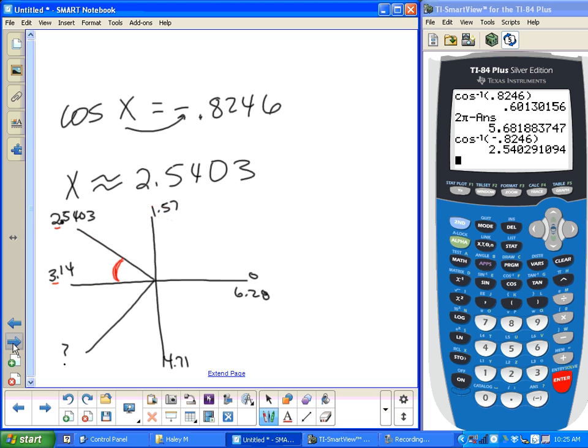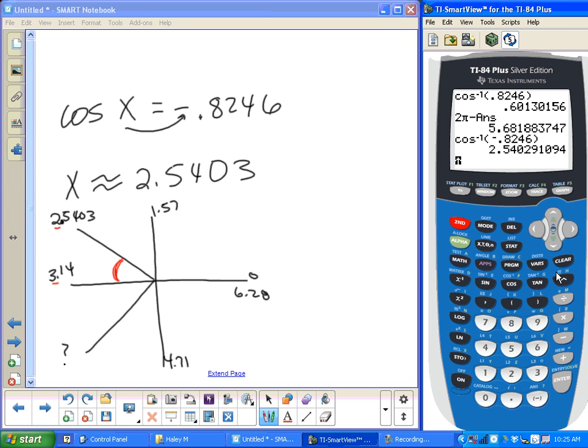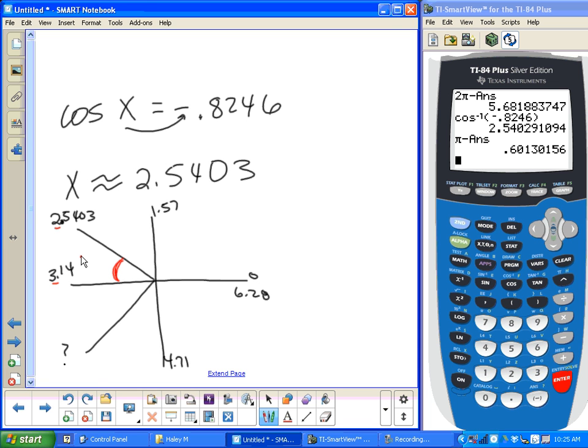Now my calculator, what am I actually going to punch in? Yeah, pi button. Then what? Answer, right. So my reference angle there is about 0.6013.